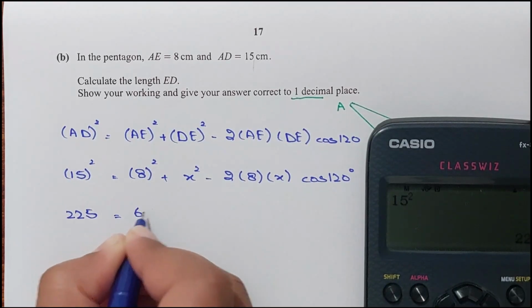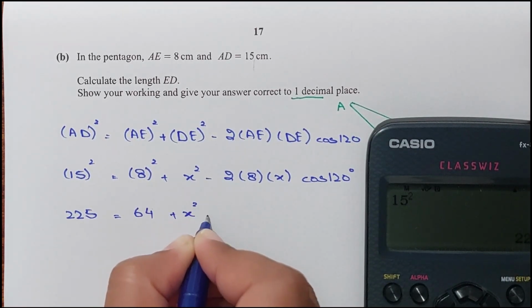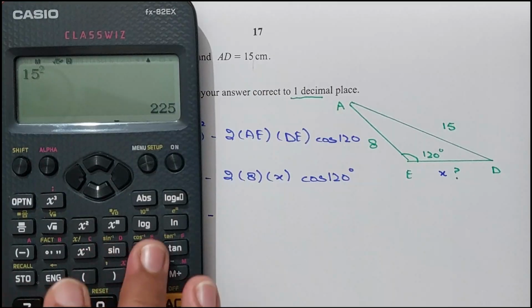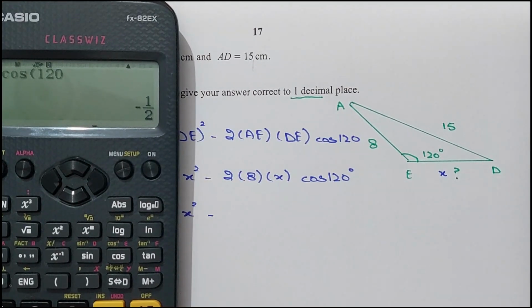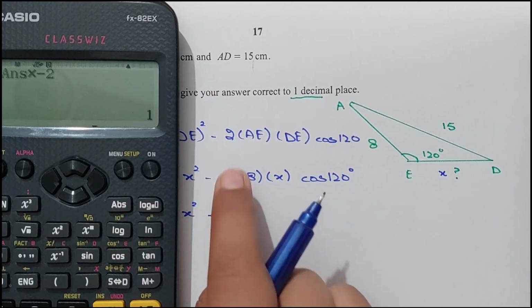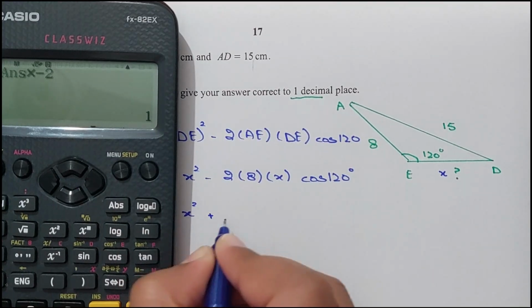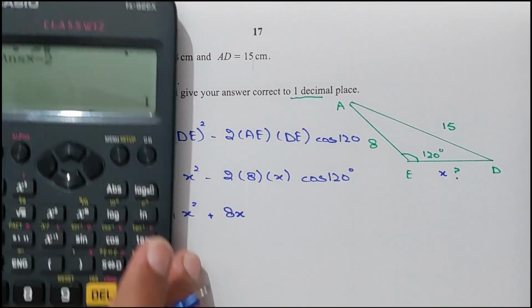Let me simplify. 15 squared is 225. 8 squared is 64. This is x squared, minus, we have cos of 120 degrees, which is minus 1 by 2, times negative 2. This is just 1. So plus 8x is left.